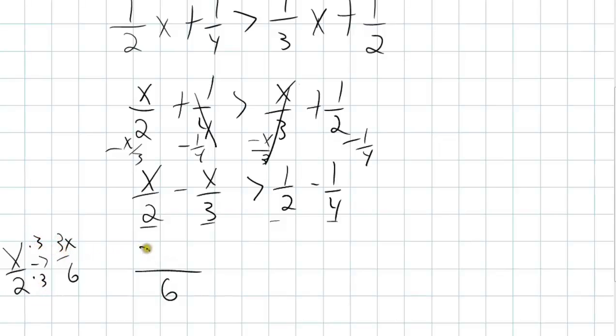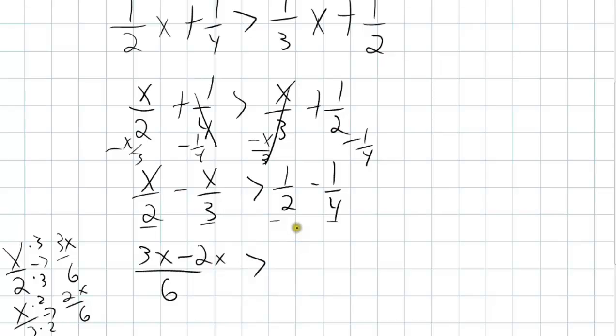So now this is 3x. And over here, when I'm changing x over 3 to something over 6, I have to multiply the denominator and the numerator by 2. So now this is 2x. So minus 2x, because we got a minus sign here.